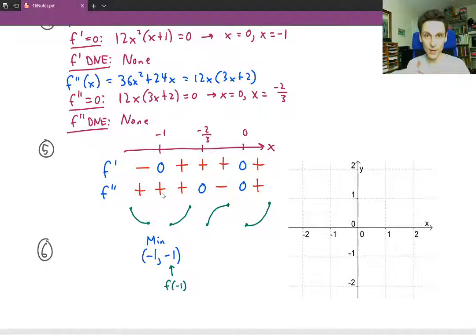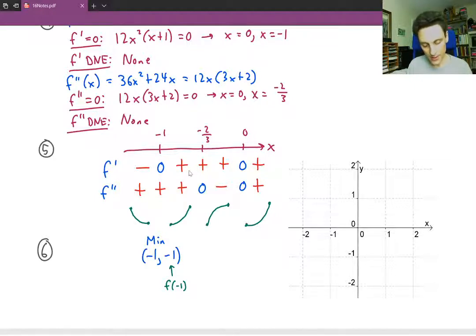So that means that the graph is concave up going through that point, which means there's a minimum right there at the bottom. So the second derivative test we can look at by just looking at what's happening at -1. First derivative test would be looking at the sign of the first derivative as we cross -1. But in either case, we get that there's a minimum at x equals -1.